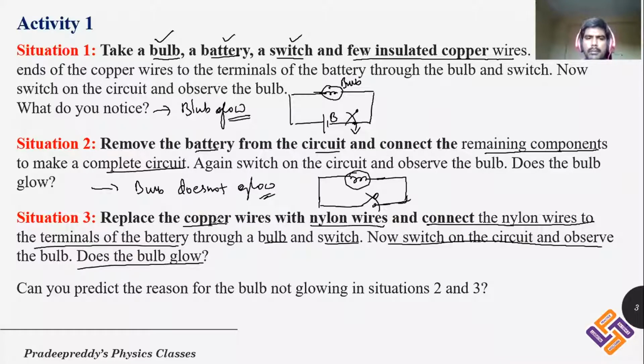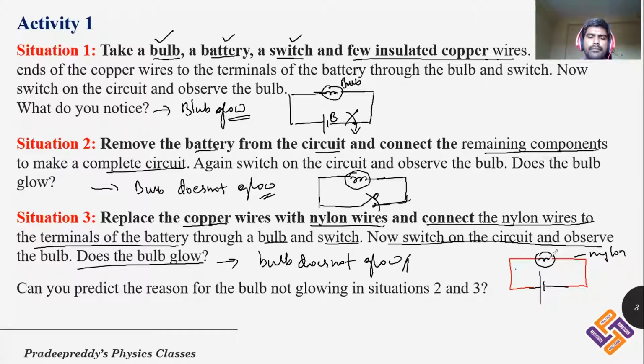You connect it to a battery. Here is the bulb and this is the nylon wire. When you replace copper wire with nylon wire, obviously you observe that the bulb does not glow.